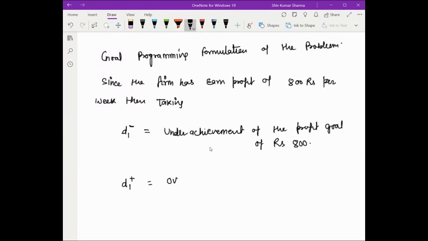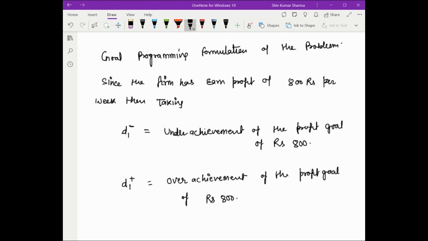And the second variable we choose is d1 plus. This is for overachievement of the profit goal of 800 rupees.